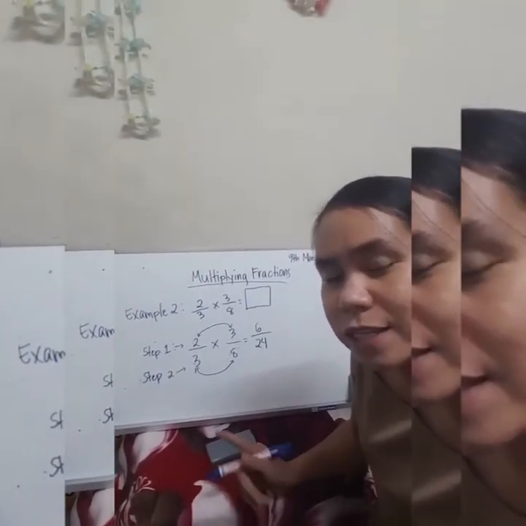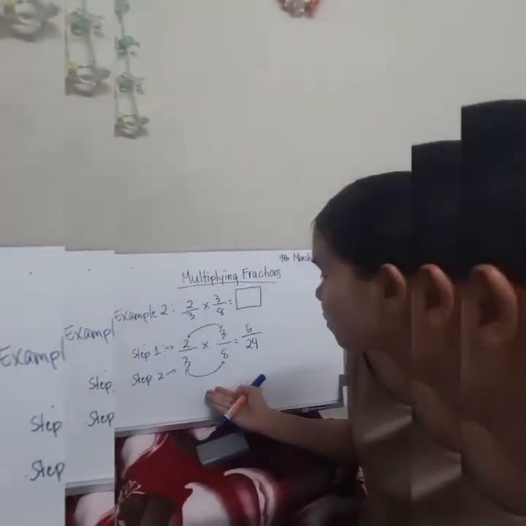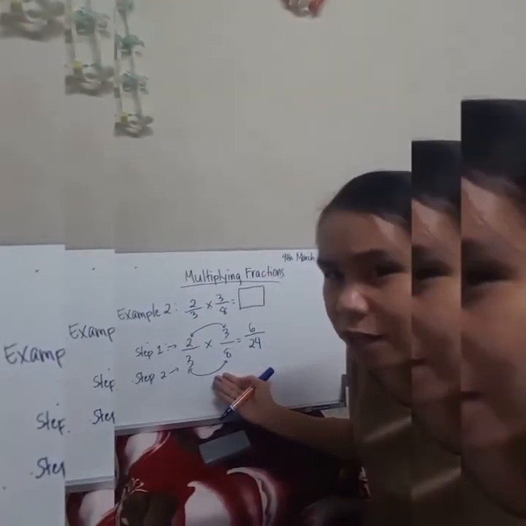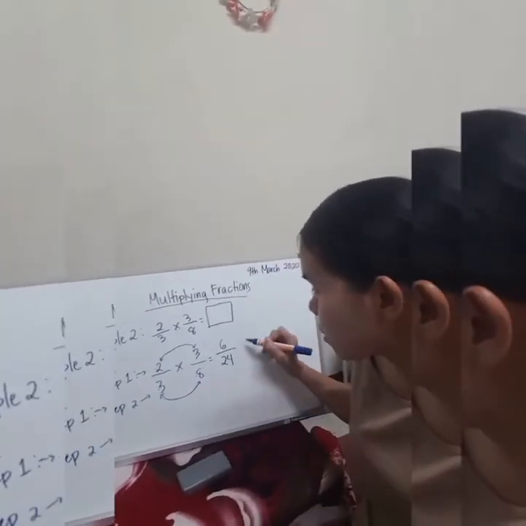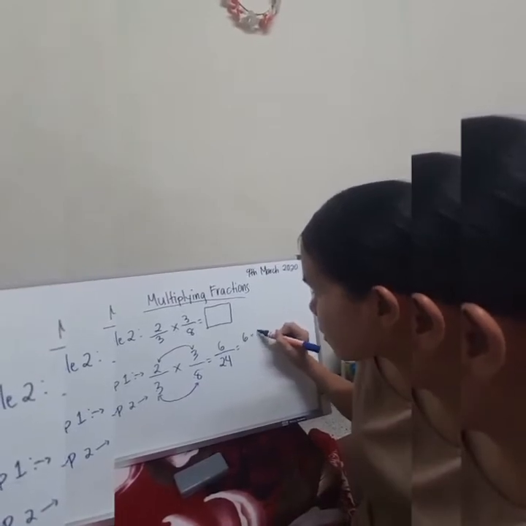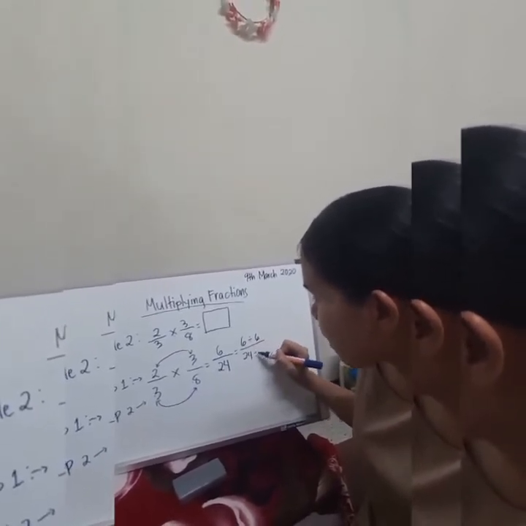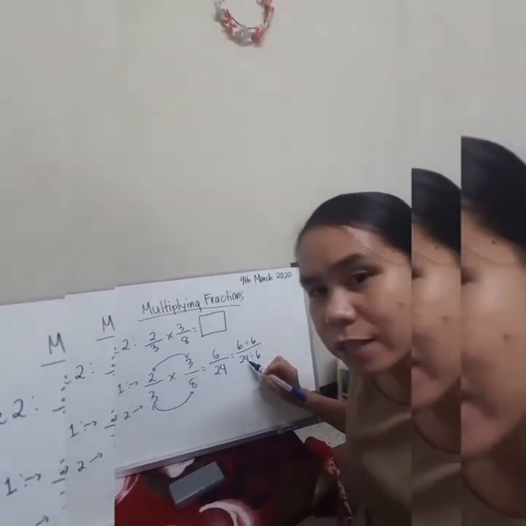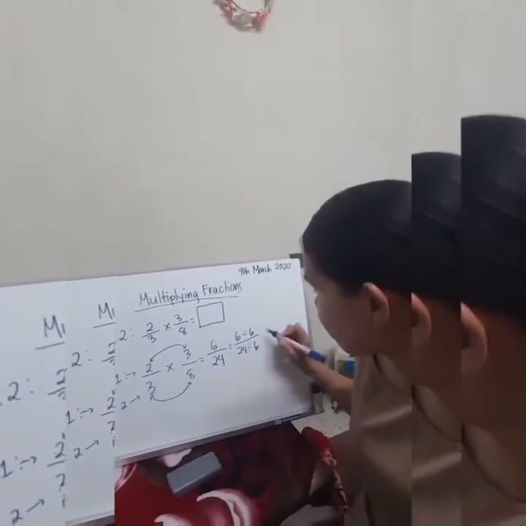So do you think the answer is already in the simplest form, the same as in our example number 1? In this case, your answer is not yet in the simplest form. Why? Because here you can divide 6 by 6, right? And also here, 24 divided by 6. Am I right? Yes.